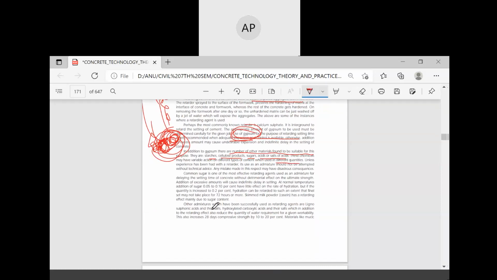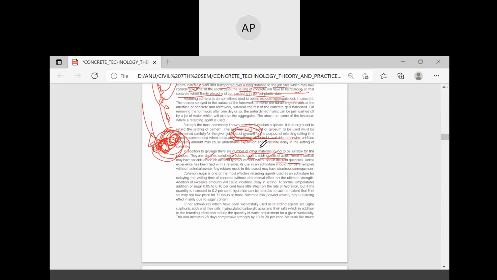So we can use starches, cellulose, sugars, acids, salts as retarding material. Common sugar is one of the most effective retarding agents used as an admixture for delaying the setting time of concrete.